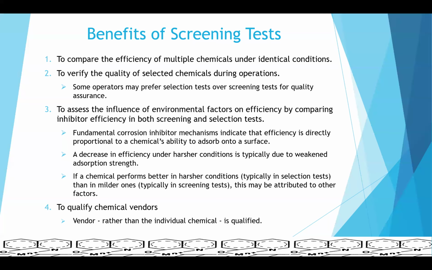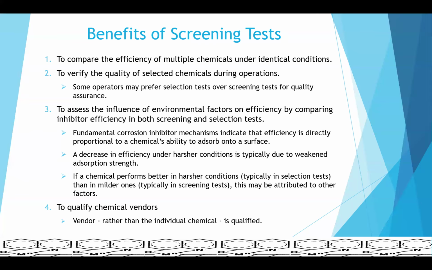So the inhibitor should perform well both in the screening test as well as in the selection test. Of course, the efficiency of the inhibitor under the harsher screening and under the harsher selection test may be lower, may be decreased due to the weakened adsorption strength.